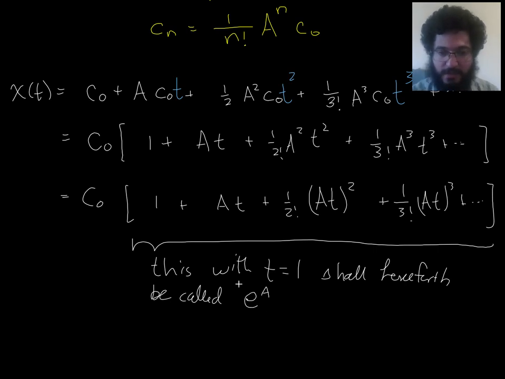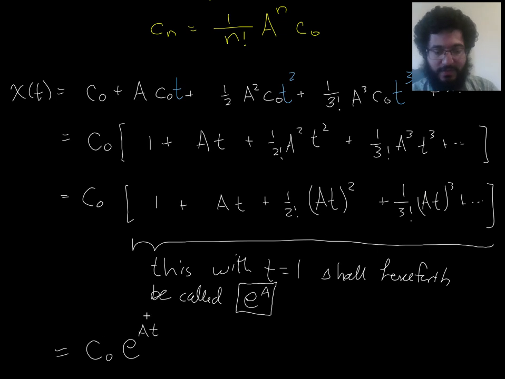So that is our definition of e to the a. Then, making that definition, we have C0 e to the ta, or at, whatever you want to write. And so we've got that solution.